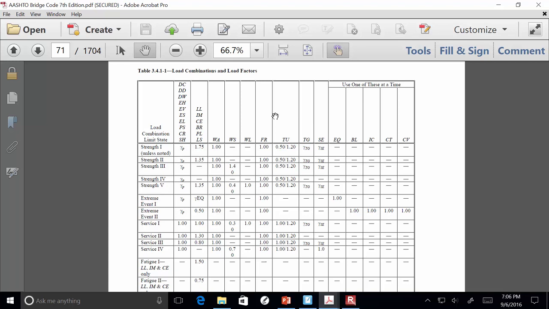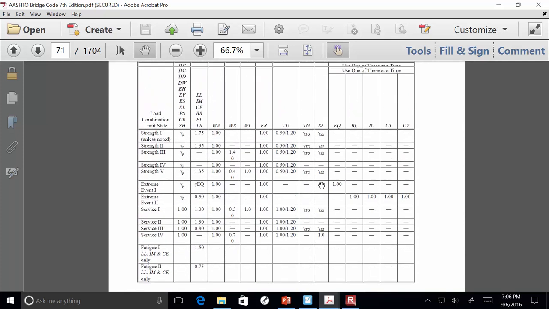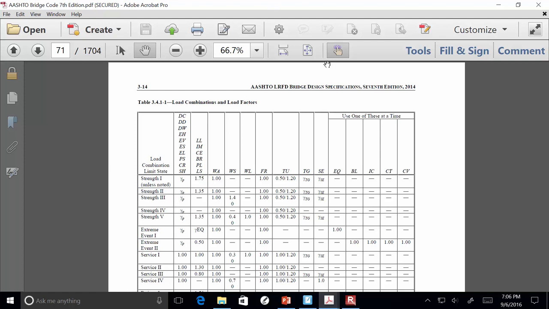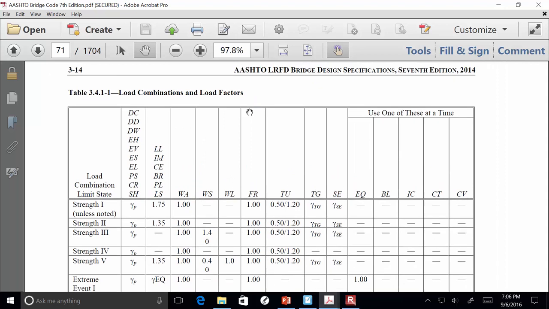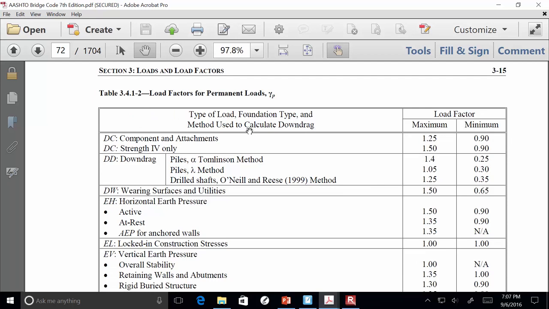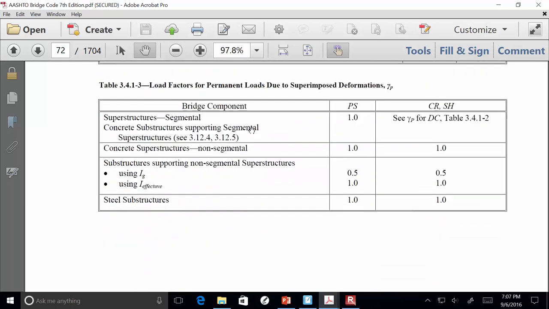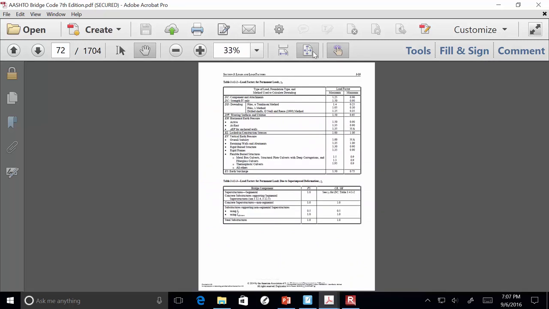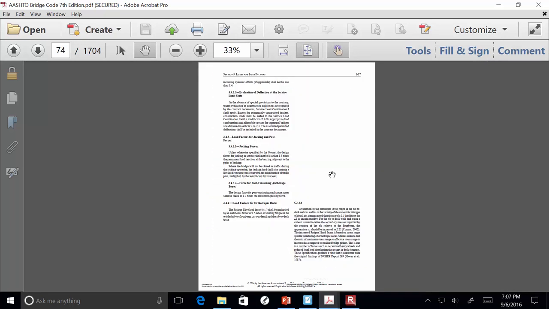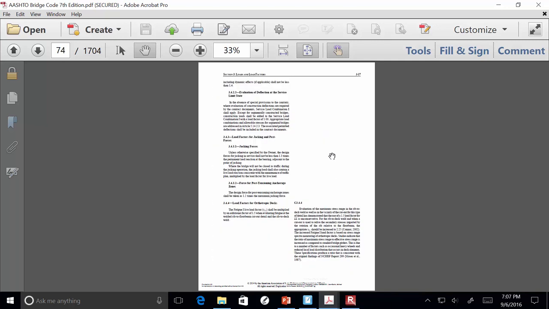I'm on page 3-14, and then we got that. All right. If we go to the next page, that's where we got the permanent load factors and what have you. This is, you know, where those dead load factors come from. Let's see. Past that, some stuff on load factors for construction loads. I'm going to skip over that pretty quickly.